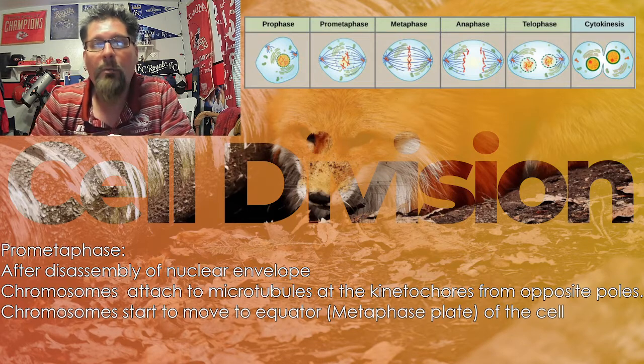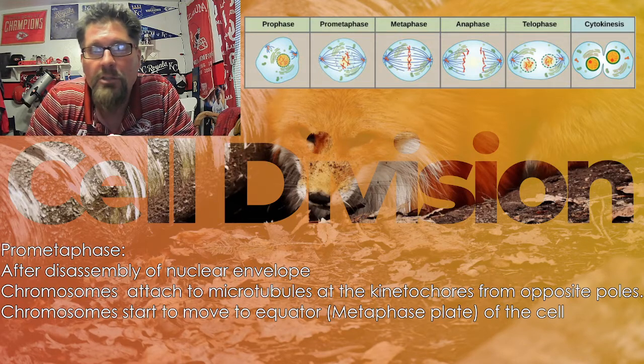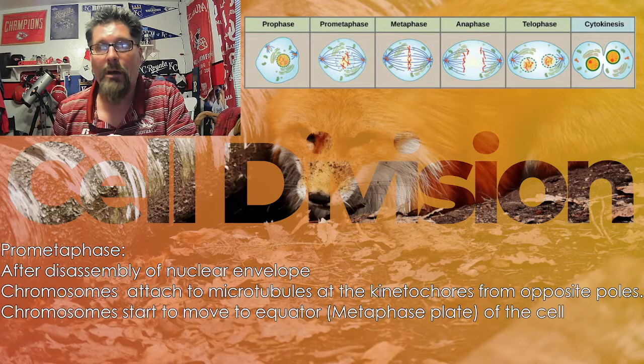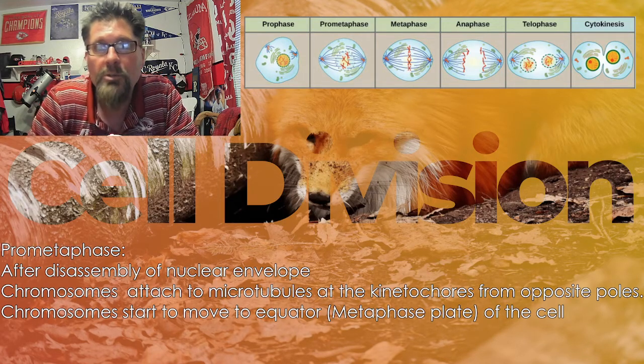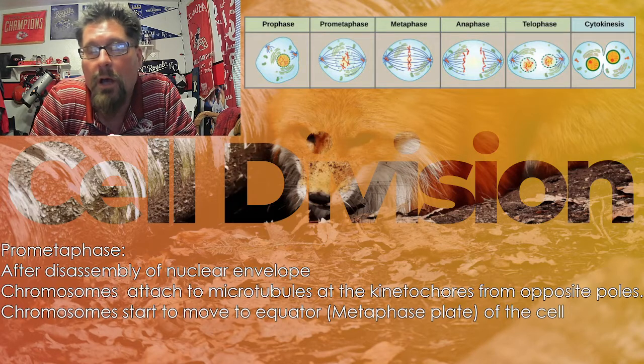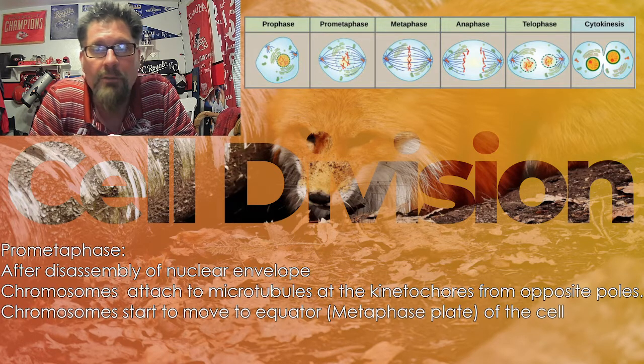Now in the prometaphase, and you can see in the diagram beside me, the nucleus disappears. It breaks down, so now the chromosomes can come out and begin to really work those fibers, reaching out to the centrosomes, the centrioles, those little tubules that we talked about in the organelles that anchor themselves at the poles.